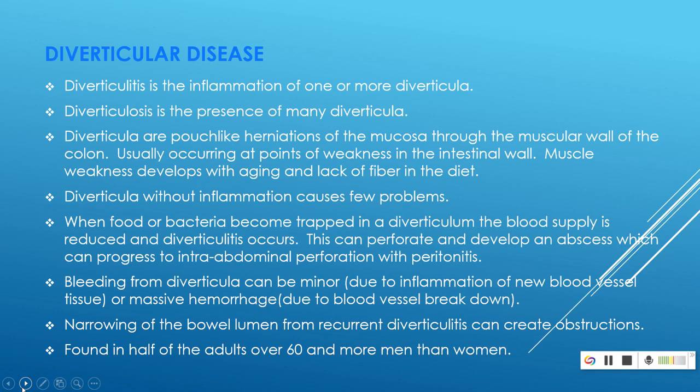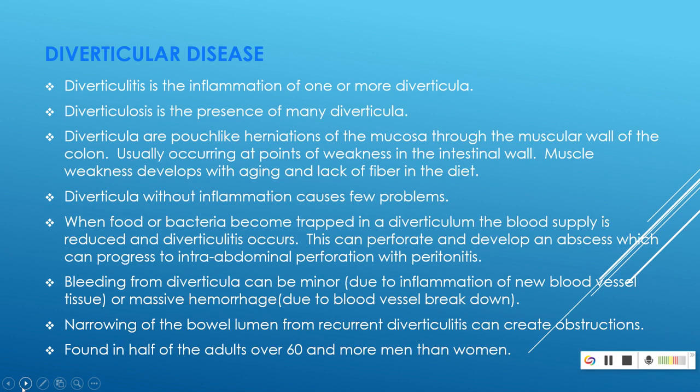Those little pouches can have food residue, like husk off the corn, seeds, popcorn, those types of things, get into those diverticula and they cause an infection. And then infection leads to the inflammation. These little diverticular pouches can actually rupture and cause bleeding.